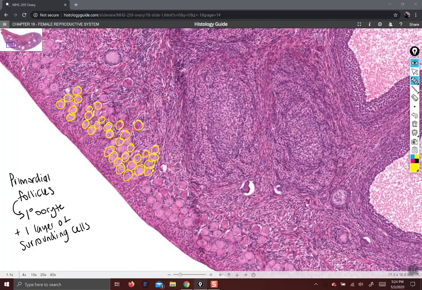Now, I want you to keep in mind as I talk, it's very important that you remember that a follicle is a multicellular structure. So if I ask you on the lab practical to identify the structure, that means what I'm asking you to do is tell me about the follicle. If I point to an oocyte itself and say, what cell is that?